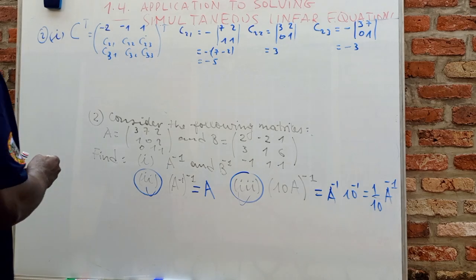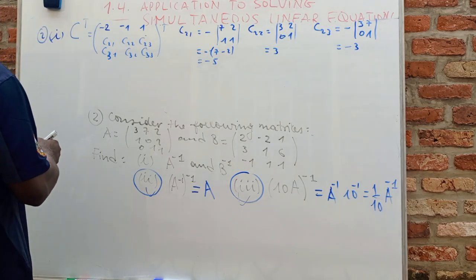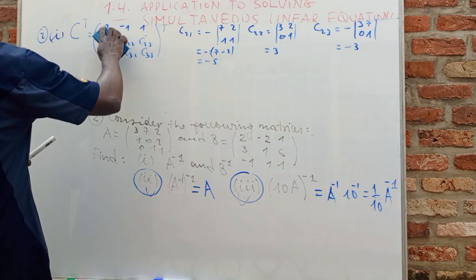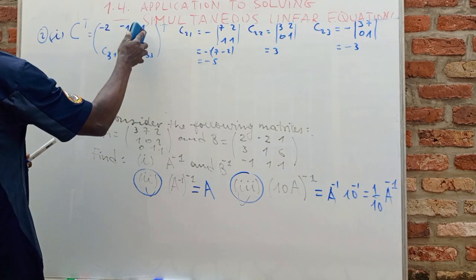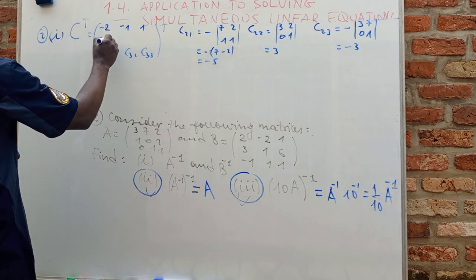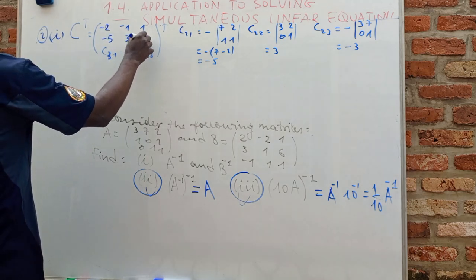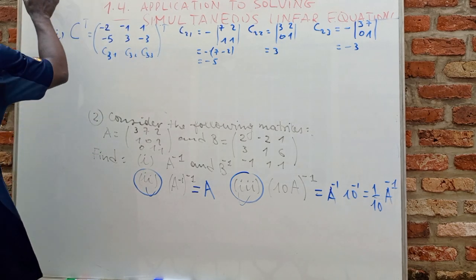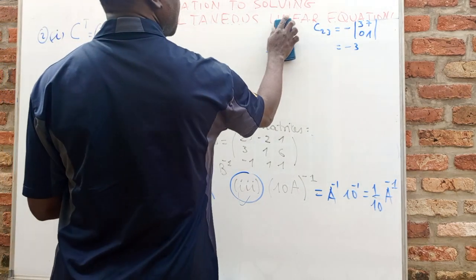Okay, so now we have this second row: negative 5, 3, and negative 3.